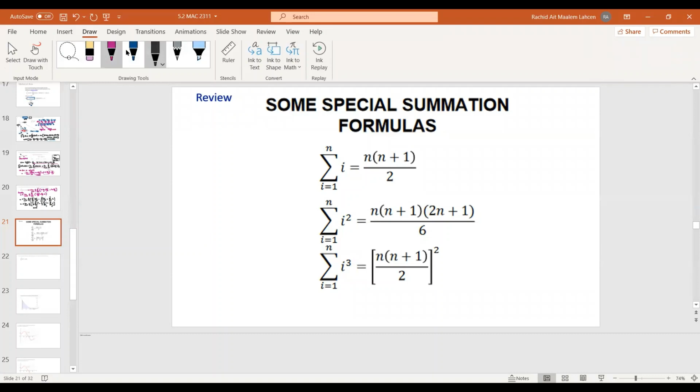So you have them in the review, pre-calculus, or see the 5.1 notes. So if you have this summation, it can be changed to this, and these are their equivalent forms.